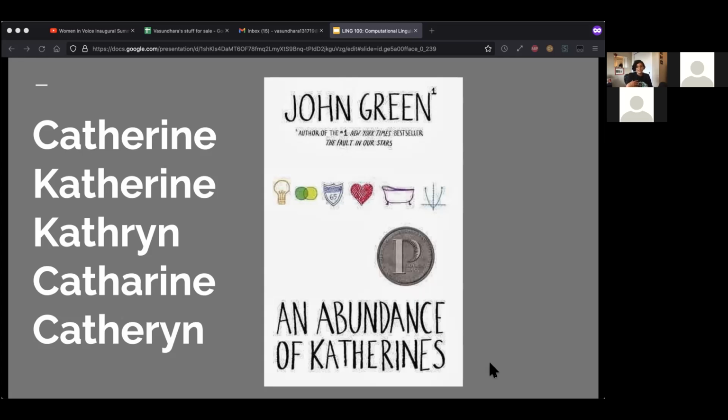This would be easier if they were functionally different, like if one was a noun and one was a verb. But all of these are names, and so they appear in the same context. Typically you would say, my name is Catherine, and you would have no idea which spelling that is. So your model just has to guess at it until it has further information.